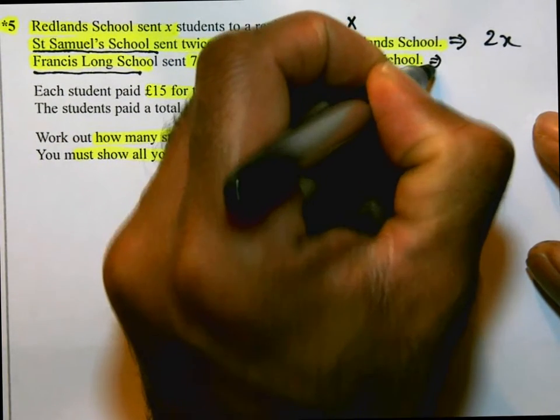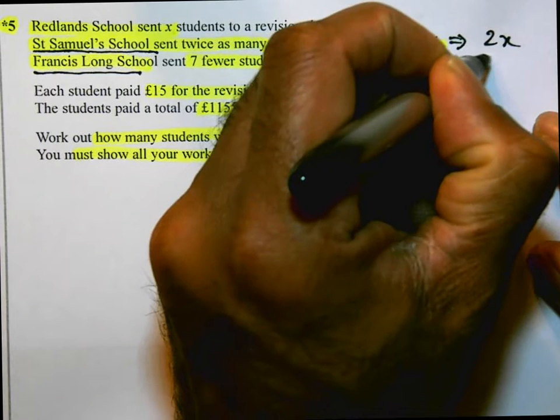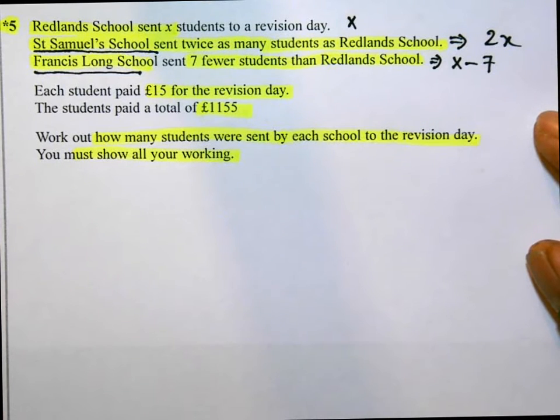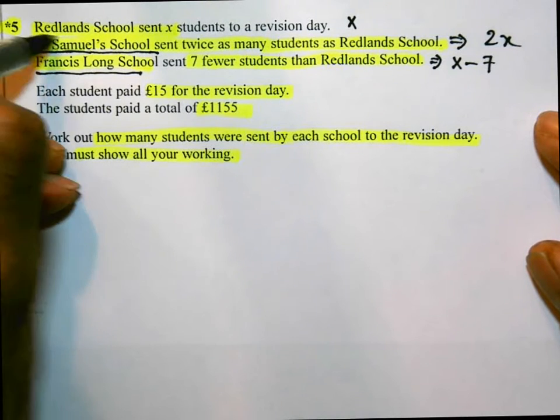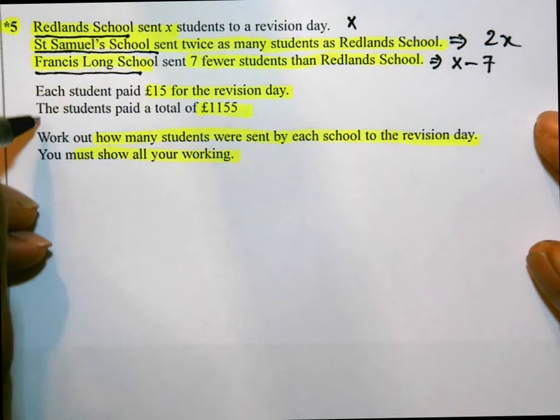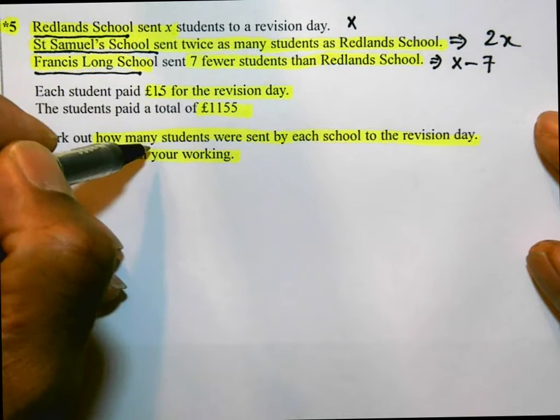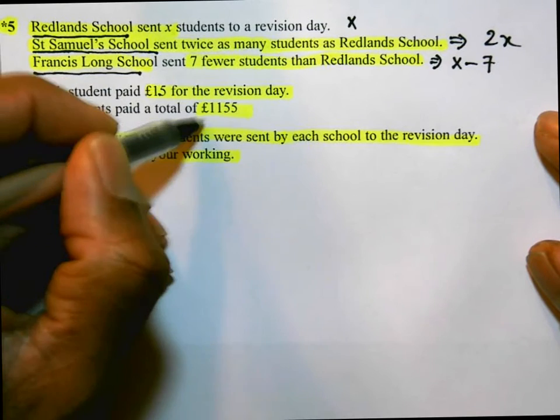Redlands sent X, so 7 fewer than that is X take away 7. So what I've got there are expressions for Redlands, St. Samuel's, and St. Francis.